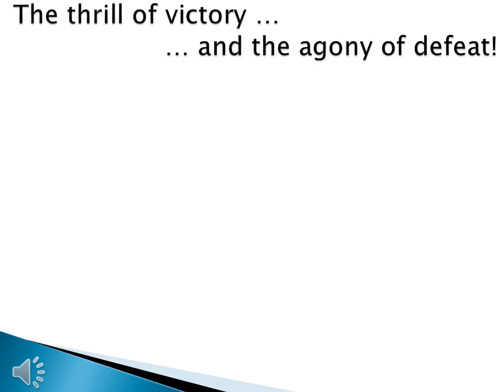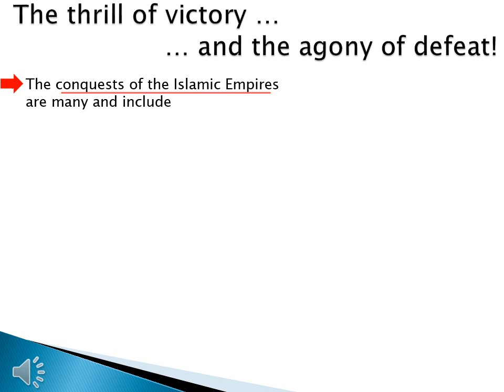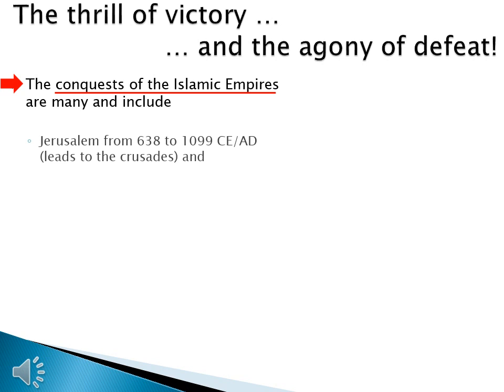Islam spreads like wildfire, and because Western civilization has failed after the fall of the Roman Empire, the Islamic Empire takes over a lot of territory. But with the thrill of victory comes the agony of defeat. The conquests of the Islamic empires are many and include Jerusalem from 638 to 1099 CE.